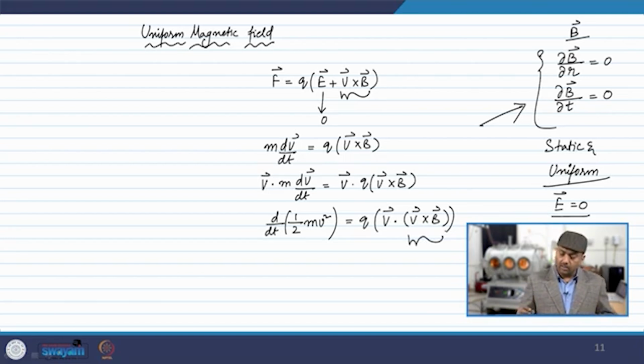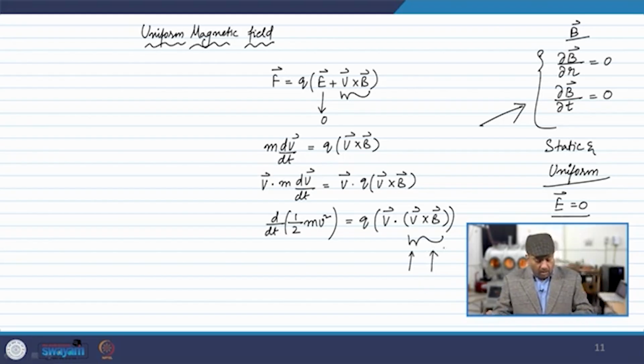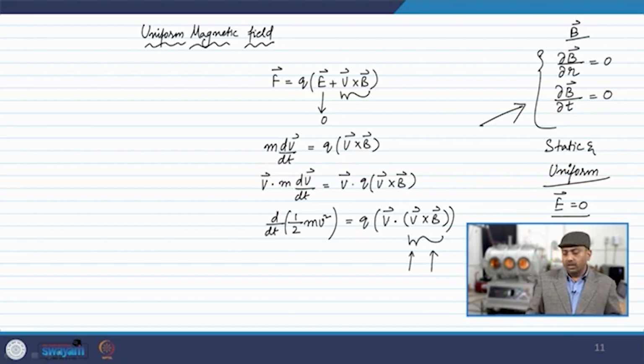This v cross B term that appears here, the result of this cross product will be in a direction which is perpendicular to the velocity as well as the magnetic field. But whatever it is, when you take a dot product of that quantity with the velocity itself, it will be 0. It is a simple vector identity. You have the dot product a dot b is |a||b| cos theta, right.